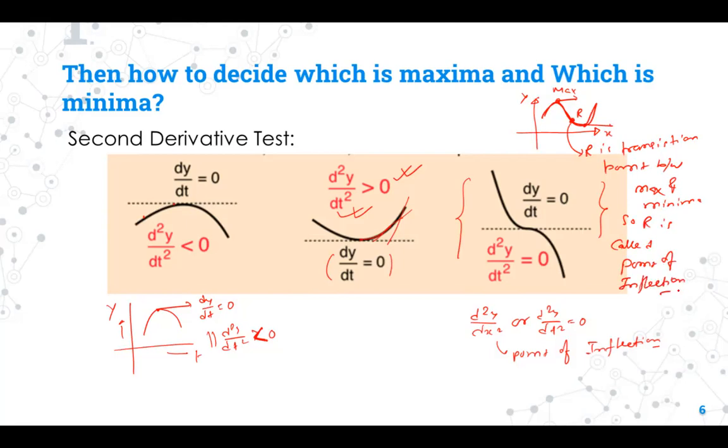Okay, this much you should know right now. When you deal with calculus problems, you can again try to solve these problems. Now, after understanding the concept of maxima and minima, let's go back to our problem.